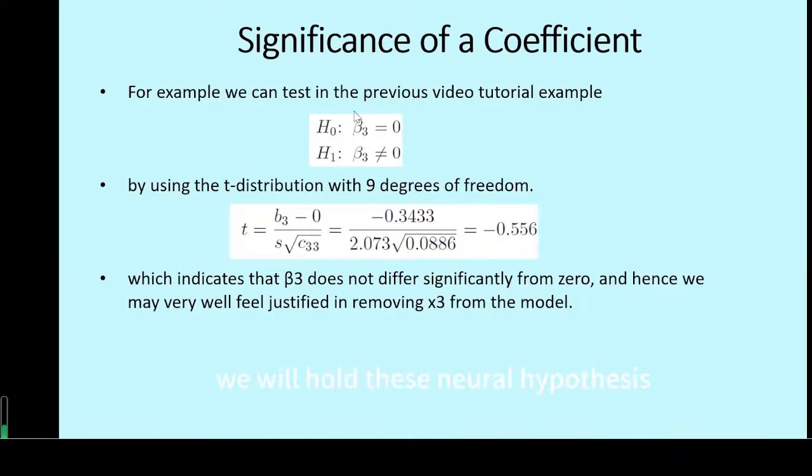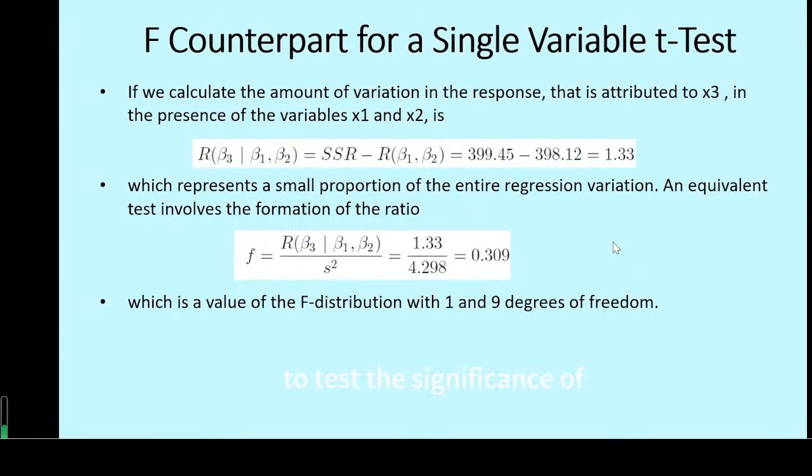We will retain the null hypothesis, and we can say we should remove x3 from the model. So this is the t-test to check whether one individual variable should be included in the model.